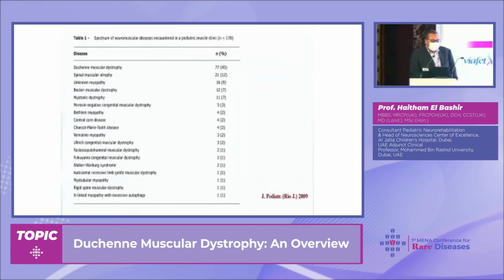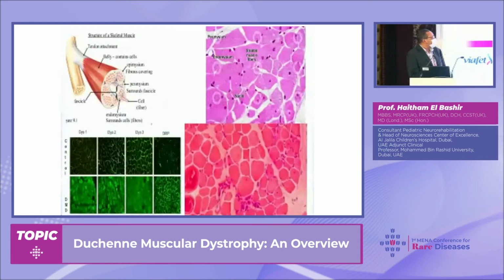This is just a nice, very basic study looking at the spectrum of neuromuscular diseases encountered in a pediatric clinic. You can see by far Duchenne muscular dystrophy is the most common one, followed by spinal muscular atrophy. And this is just the histology of some anatomy about the muscles.